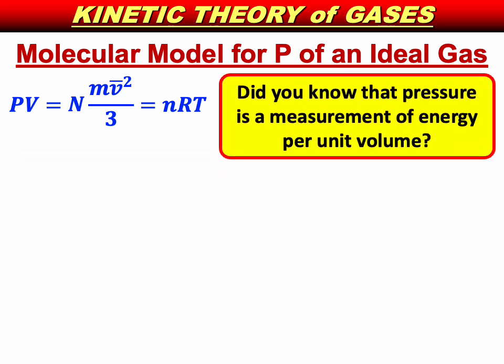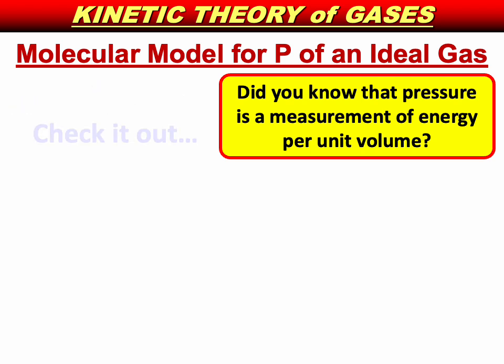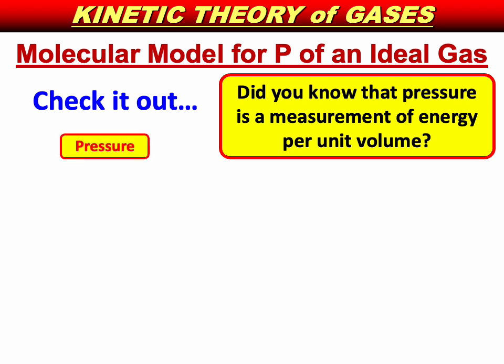Here's an interesting fact that isn't just a fun fact. You may have never come across this, but pressure is actually a measurement of energy per volume. Let's see how that works out. Okay, pressure. The definition of pressure is how much force is being exerted on a surface, and how much it gets spread out.